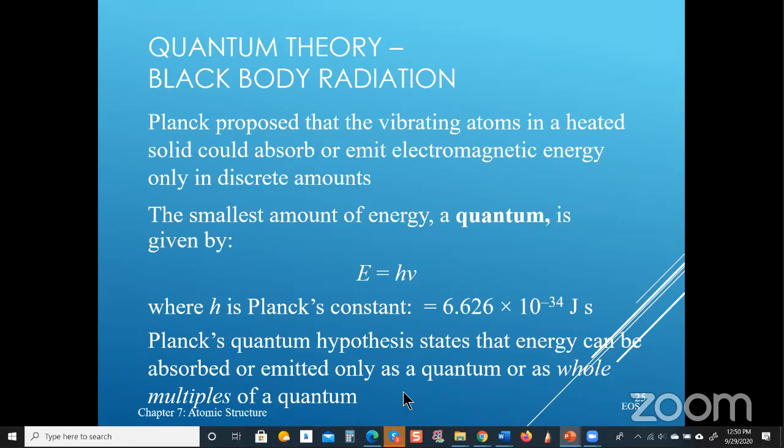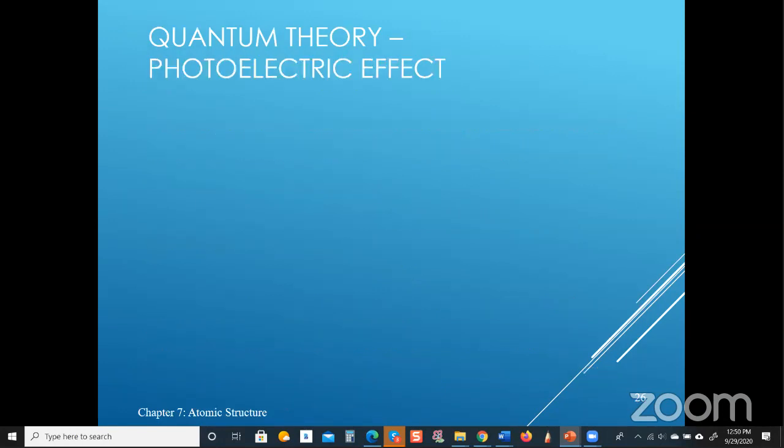And what this seems to imply is that radiation, electromagnetic radiation, can behave not only as a wave, but also as a stream of packets of energy known as a quantum, all right? So that's basically what Planck came up with in terms of how the energy changes will take place for atoms that are vibrating.